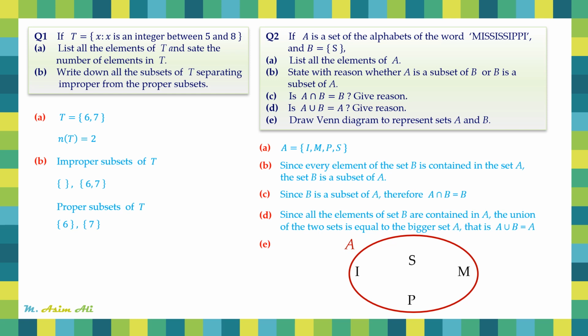Now we will draw set B also. Set B is contained in A because it has only one element that is contained in A. So we will make the set B inside the set A so that it contains the element S.